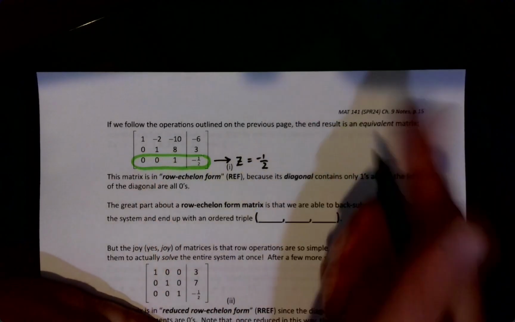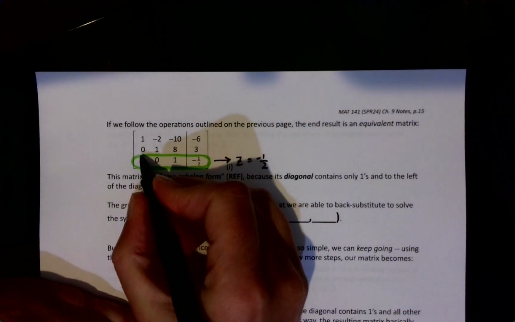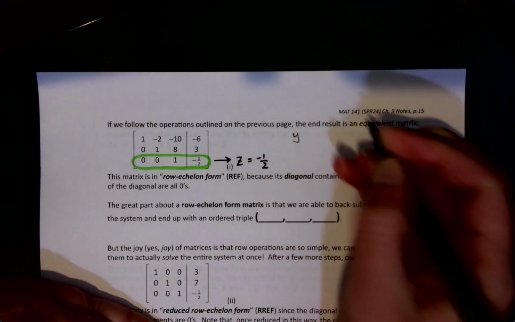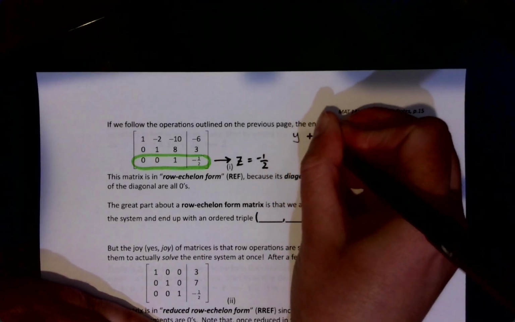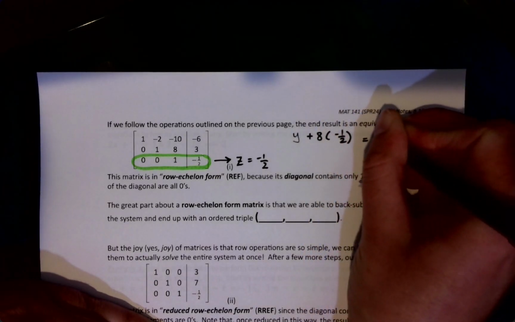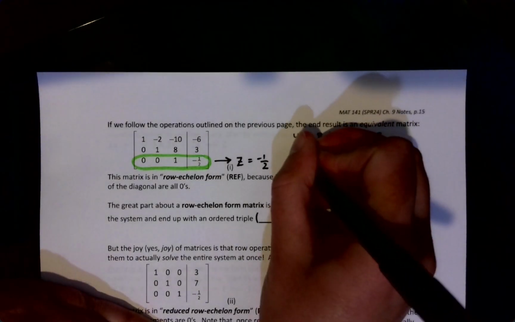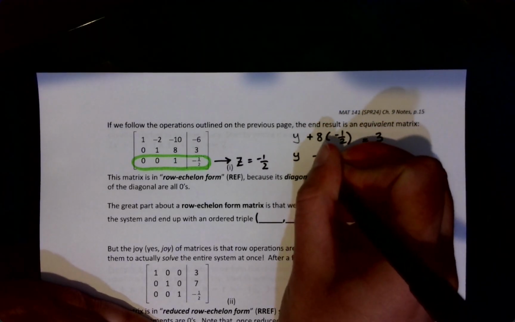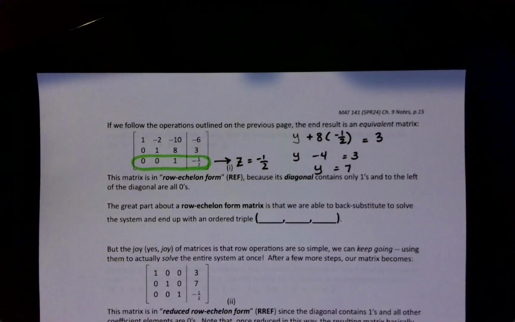In the next row, this reads as 0x plus 1y plus 8z, which I now know is -1/2, is equal to 3. So that's y minus 4 equals 3. So I can solve and find that y must be 7.